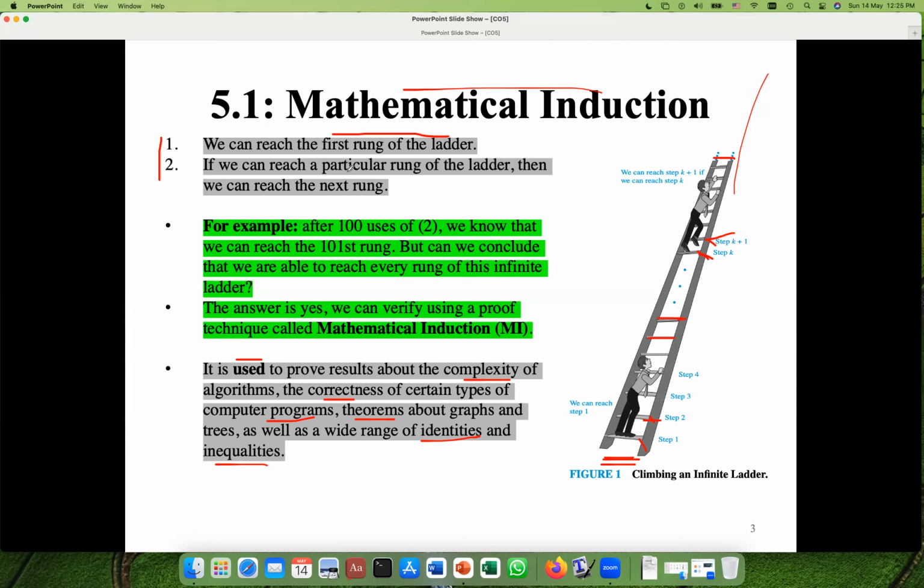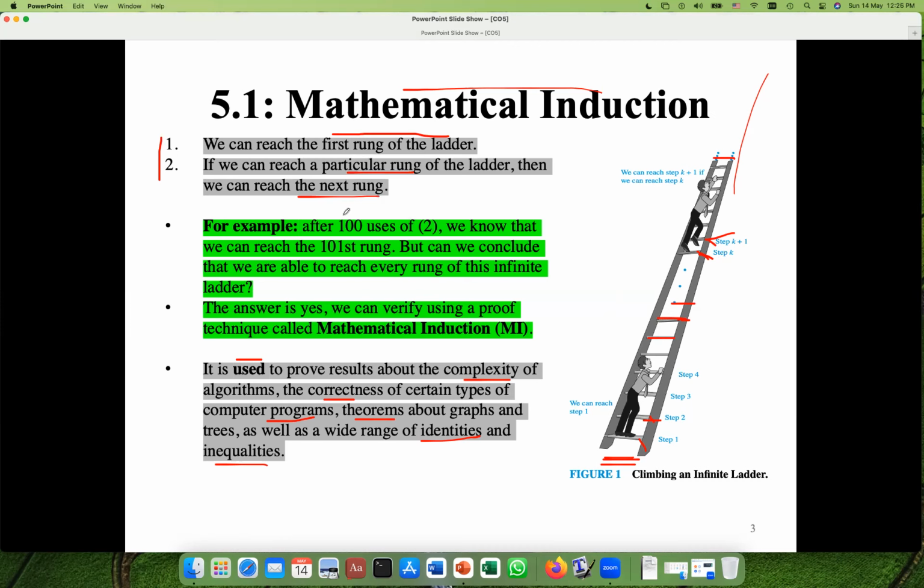If you reach some particular rung of the ladder, particular meaning makhsus, a particular step, then you can say that I can reach the next rung or next step.